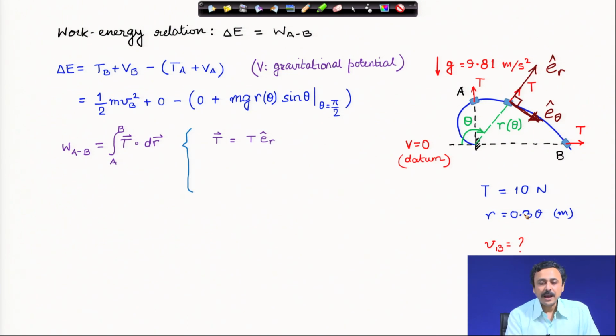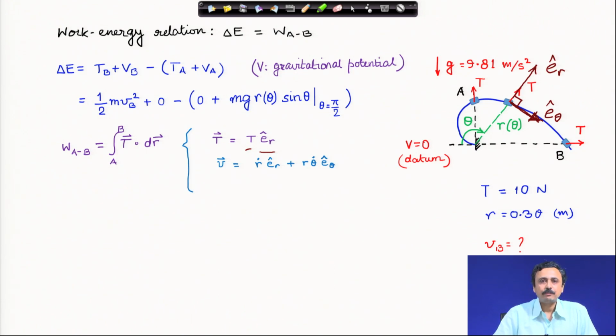Now, the applied force vector is always along the radial line, which means it is always along E r cap. Therefore, its representation is the magnitude times E r cap. Next, we have to represent the dr vector. For that, let us start with the velocity of this collar.